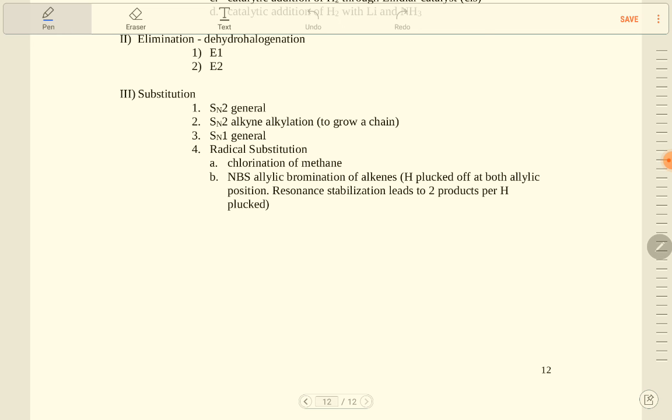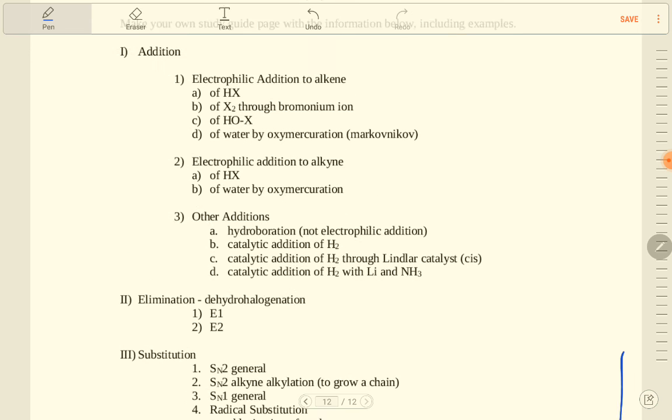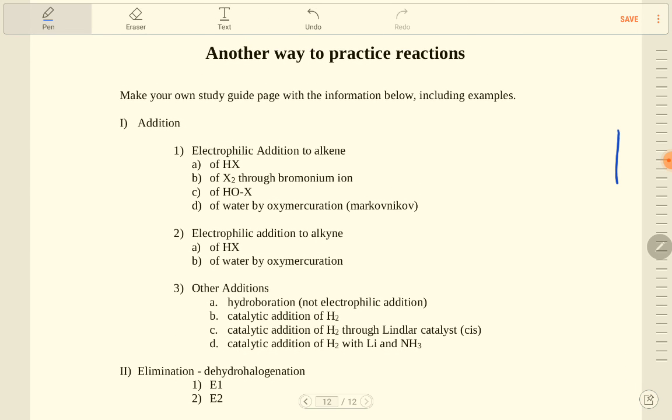All right. I'm going to scroll up. Another way to practice reactions: make your own study guide with the information below, including examples. So remember addition reactions. There are sample reactions: electrophilic addition to alkene of HX, X2, HOX, and water by oxymercuration, Markovnikov's.